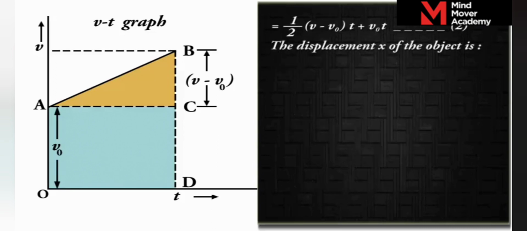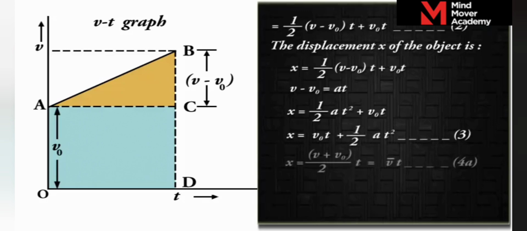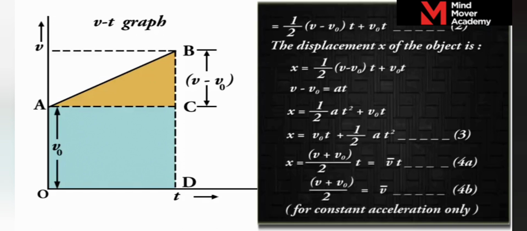Therefore, the displacement x of the object is x = 1/2 (v − v₀)t + v₀t. v − v₀ = at. x = 1/2 at² + v₀t. x = v₀t + 1/2 at². x = (v + v₀)/2 × t = v̄t, where (v + v₀)/2 = v̄, for constant acceleration only.